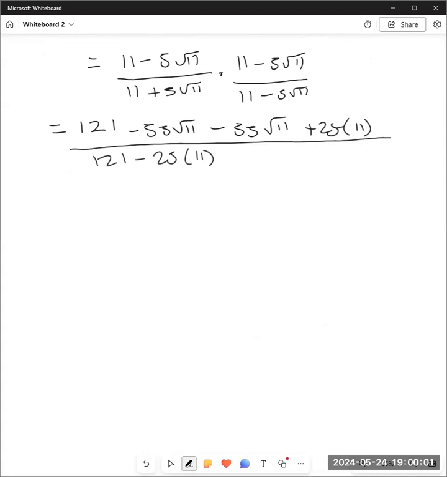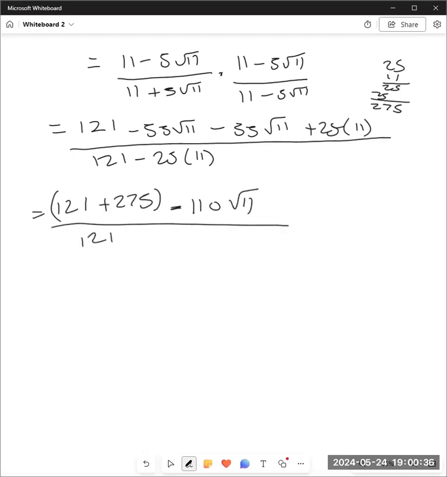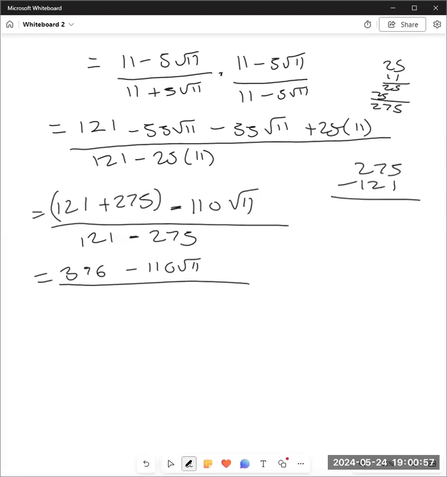That's going to be 25 times 11 is 275. 121 plus 275 minus 110 root 11 over 121 minus 275, which is 396 minus 110 root 11 over negative 154.